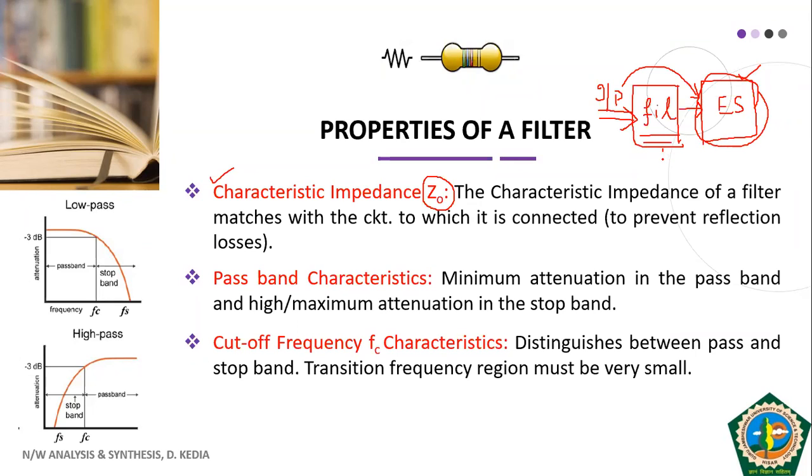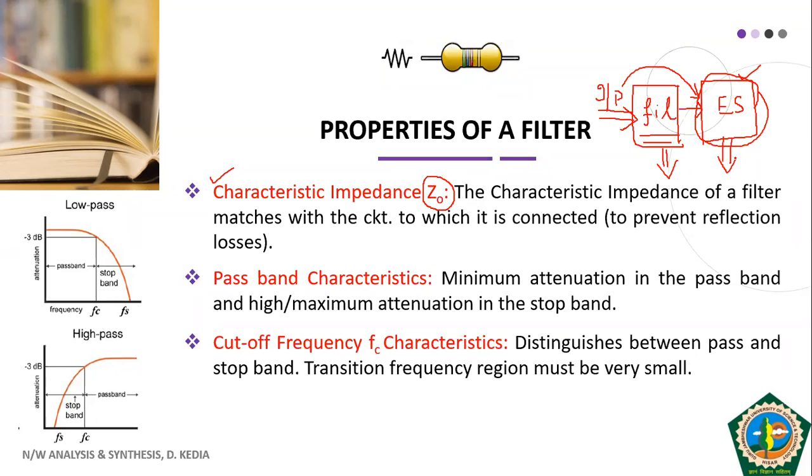So if the impedances of these two blocks are matched, then your maximum signal will be transferred. All of you must have studied the maximum power transfer theorem. So that is also in that direction. We all know that maximum power transfer takes place when your input impedance matches with the load impedance.